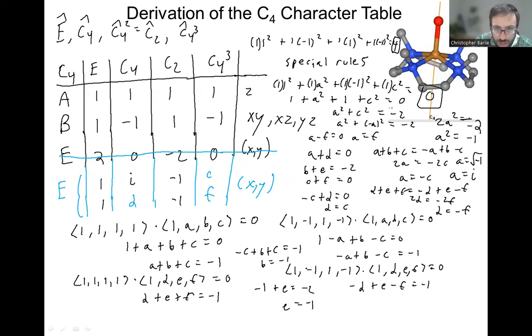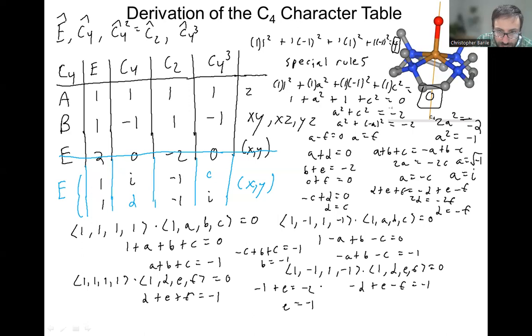Well, somewhere along the line here, we figured out A equals F. And so we know that if A equals i, F also must equal i. And then we also know that D equals -F.